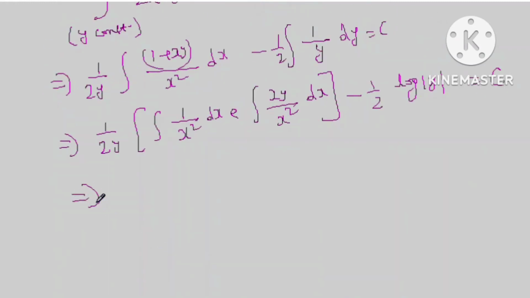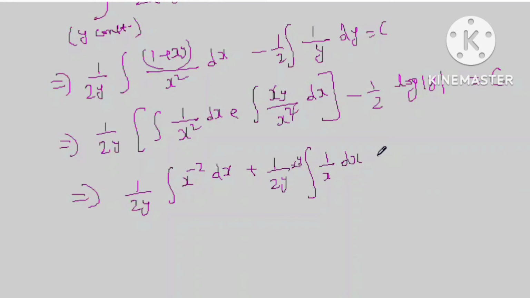So this implies 1 by 2y integral x to the power of minus 2 dx, plus x gets cancelled out, 1 by 2y integral, y is a constant so you can take it outside, y times 1 by x dx, minus 1 by 2 log y is equal to c.